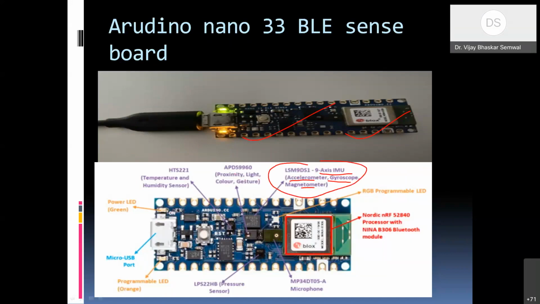Then it has proximity, light, color, and gesture sensors, and temperature and humidity sensors. Then there are programmable LEDs whose color changes, so different gestures can be identified by different LED colors. There is a USB port, pressure sensors, and finally a microphone to capture and record voice. The Nordic nRF52840 is the microcontroller processor, and the NINA-B306 is the Bluetooth module.